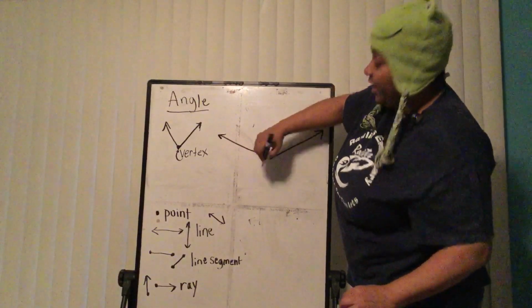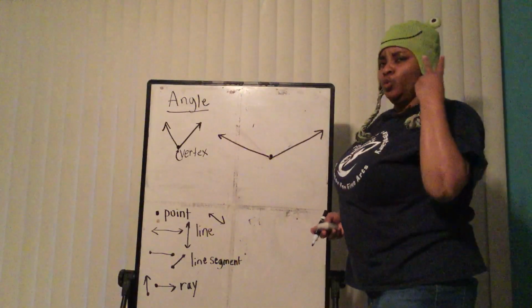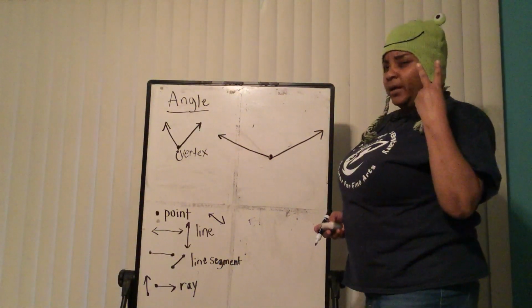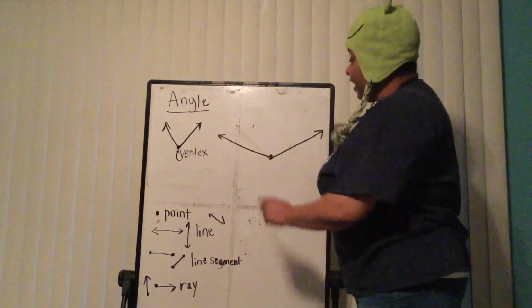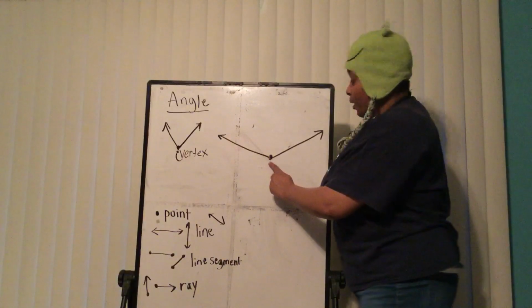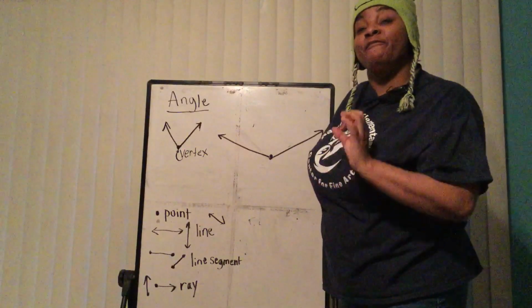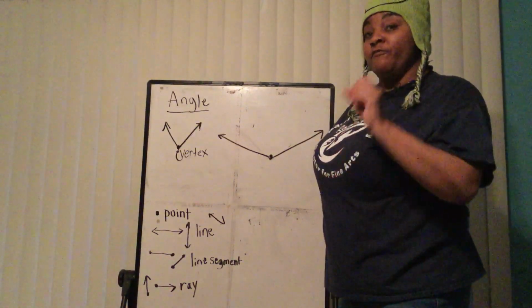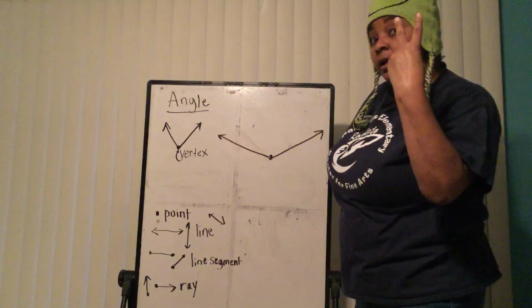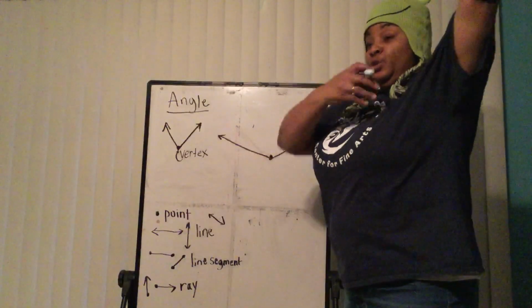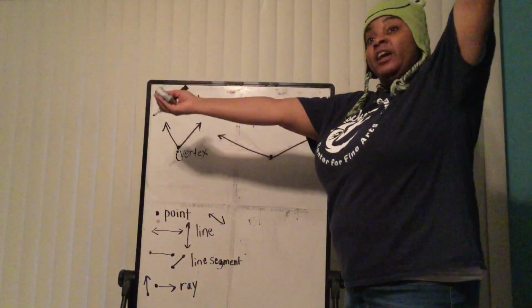So in order for me to have an angle, I have to have two what? Two rays that come together and have a common endpoint, also known as my vertex. Say that word, vertex. In order to have an angle, I have to have two what? Two rays that come together and have a common endpoint.